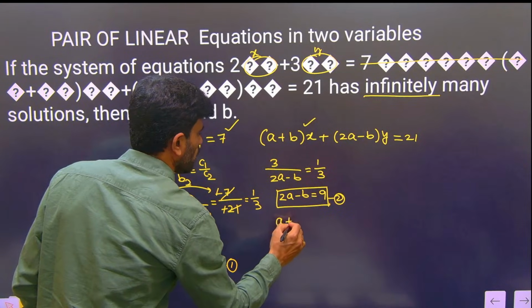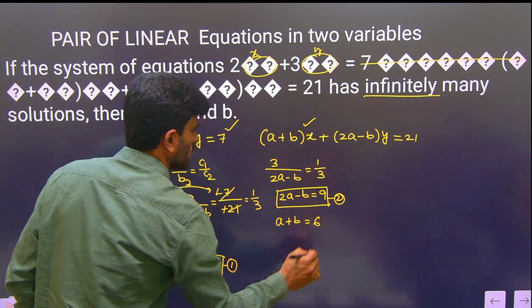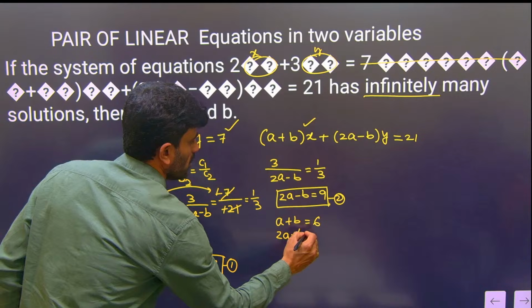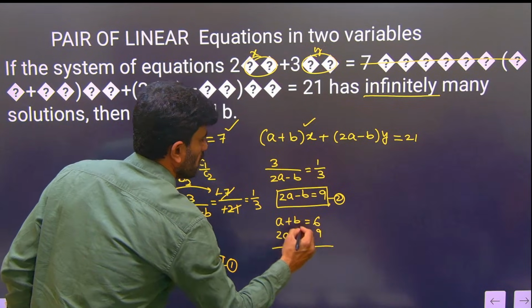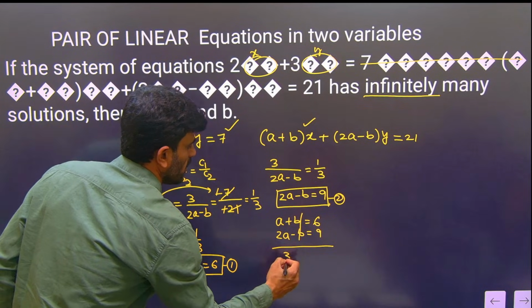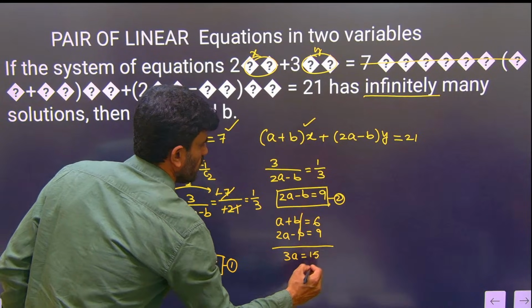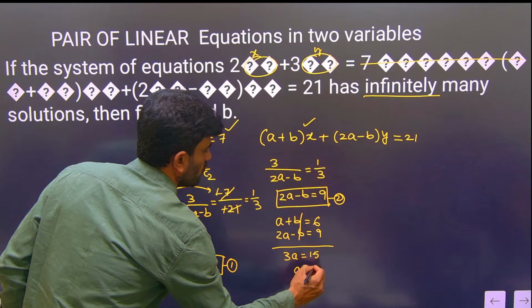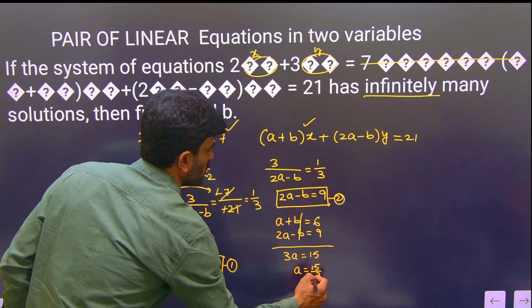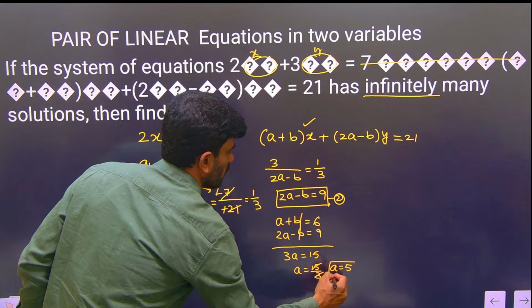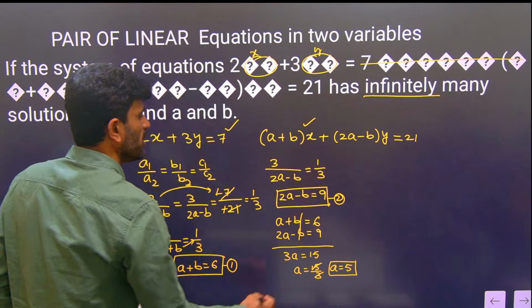a plus b is equal to 6. 2a minus b is equal to 9. Plus b minus b is cancelled. 3a is equal to 15. a is equal to 15 by 3, a is equal to 5. You have to find b now.